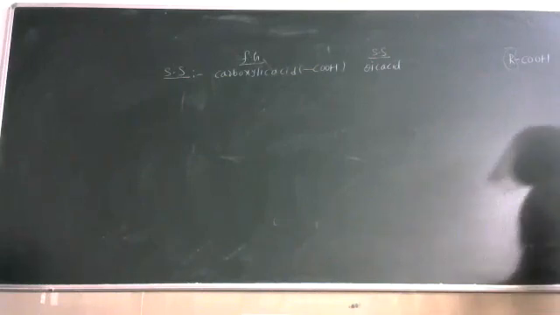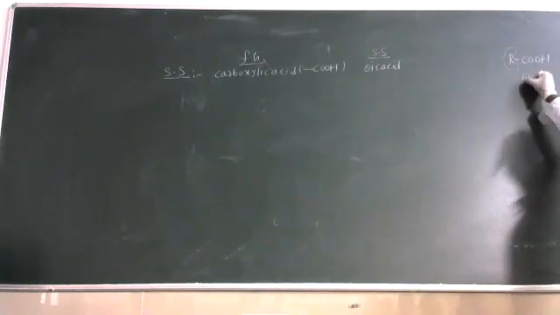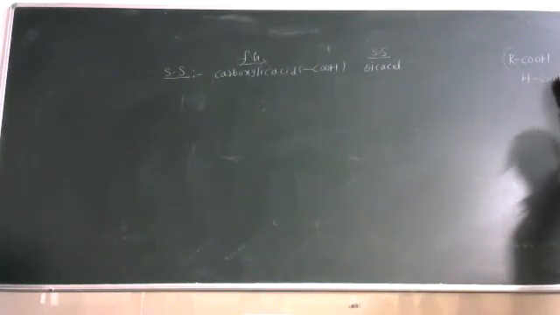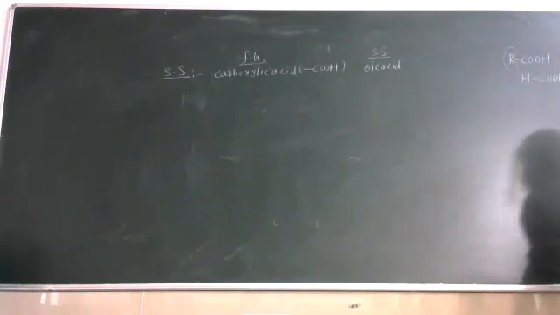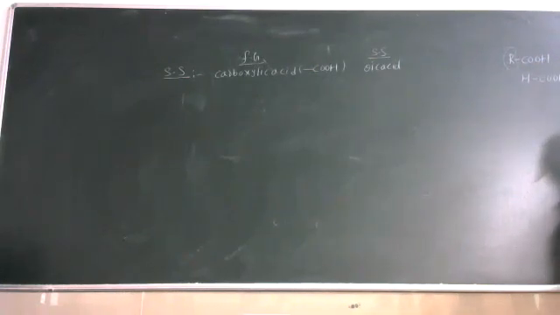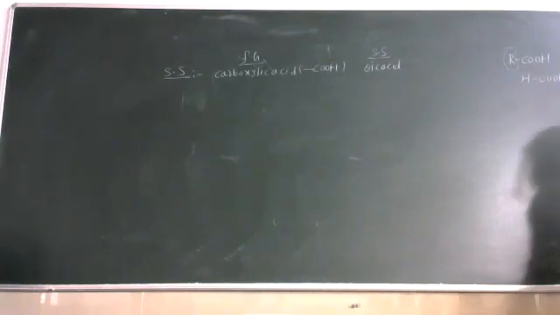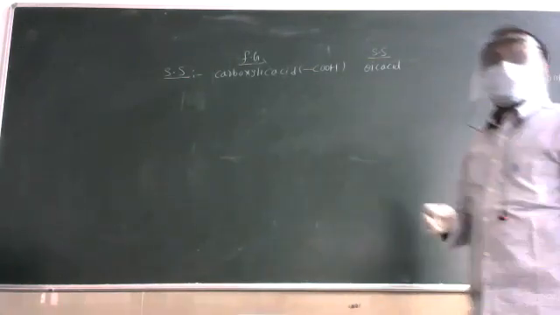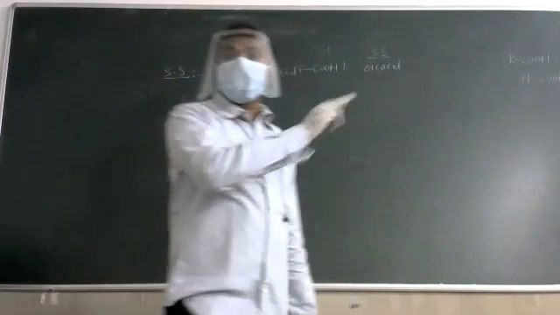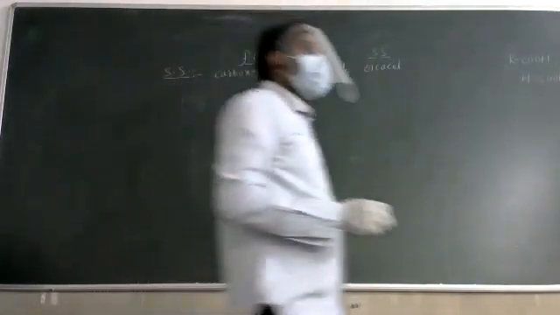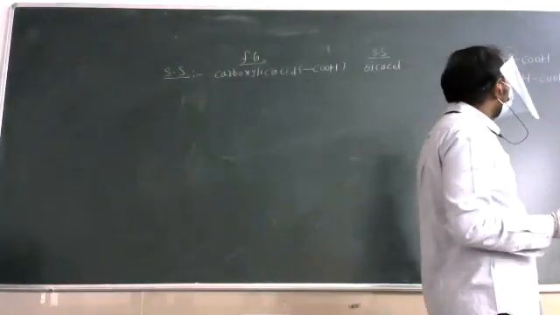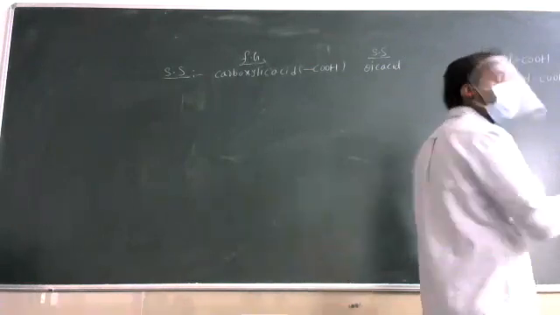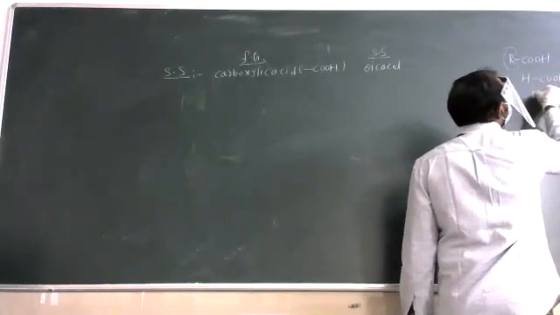So the first available carboxylic acid is HCOOH. It is the first carboxylic acid in the series. Carbon satisfies tetravalency. Now here, what is the root word? One carbon means meth.